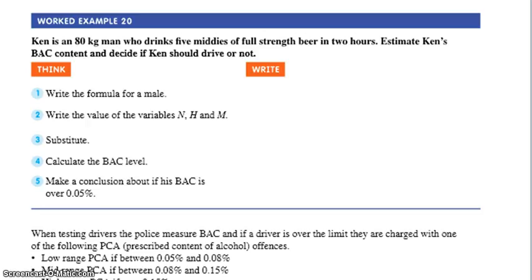A middy is about 270, 275 mils. So Ken drank 5 middies of full strength beers. In other words, how many standard drinks has he had? 5. Then he's done it in 2 hours and he weighs 80 kilograms.